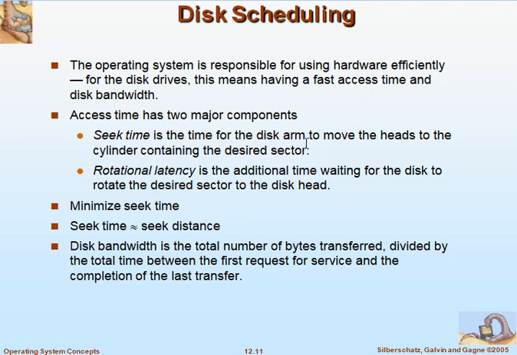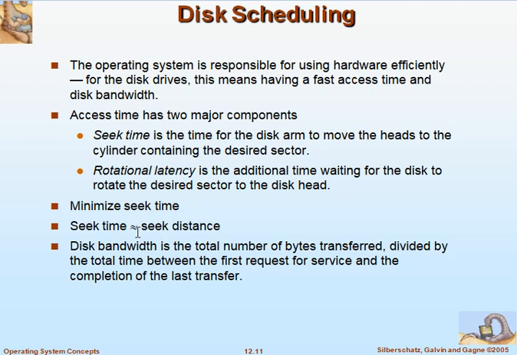The most important thing about scheduling is that we have to have a minimum seek time. The amount of time that it takes to move the disk arms to get to the desired sector's cylinder should be reduced. So minimize the seek time.